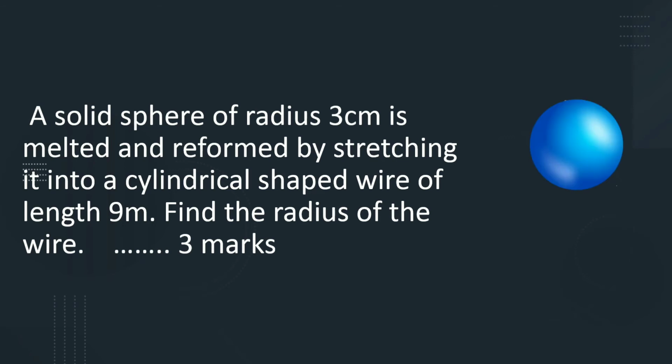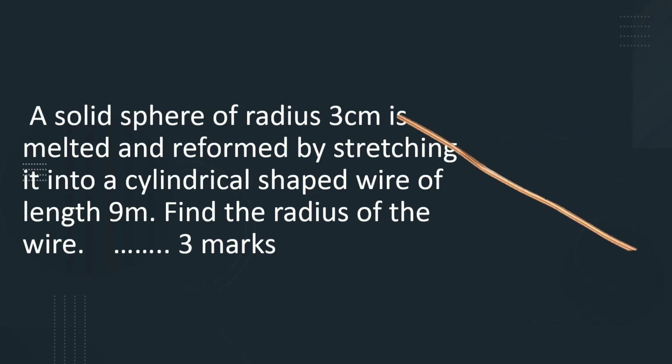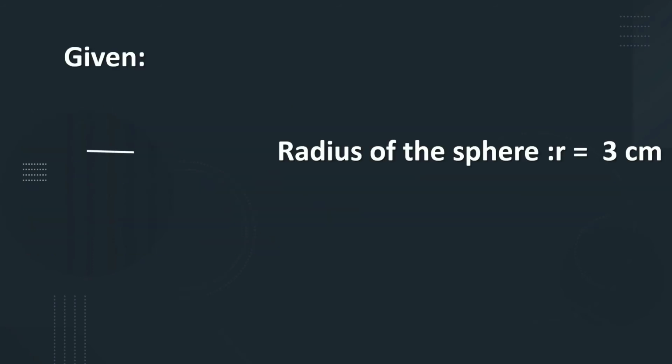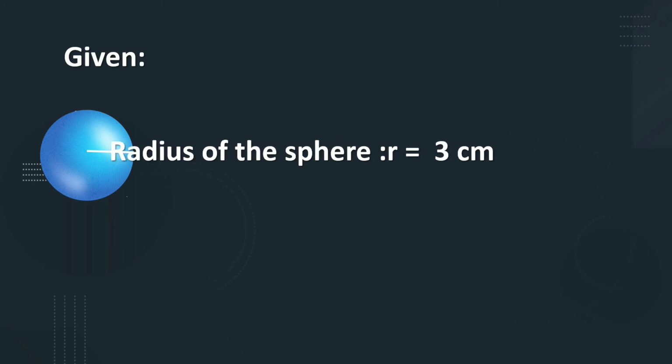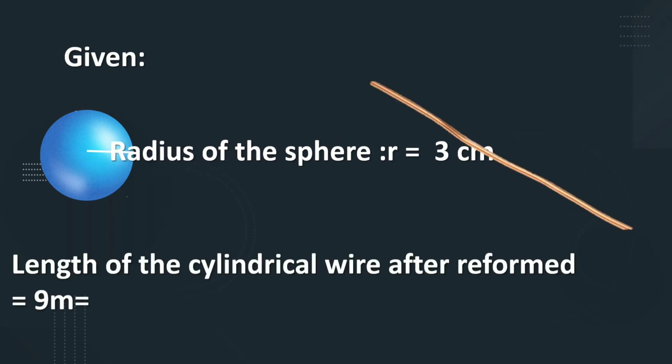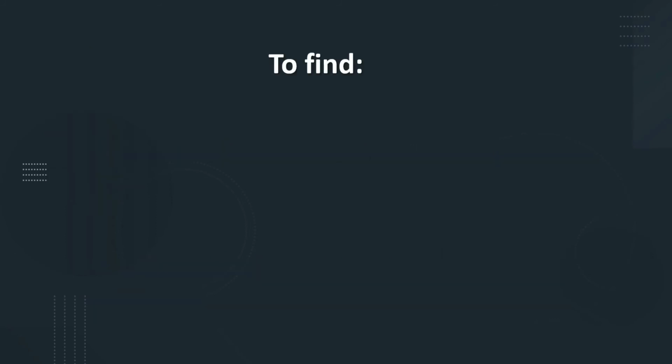They have given sphere and melted and recast into a wire of 9 meter. What is given here? Sphere of radius r 3 centimeter. Length of the cylindrical wire after reformed 9 meter. We should not take it as 9 meter since this is in centimeter. So we have to convert it into 900 centimeter.